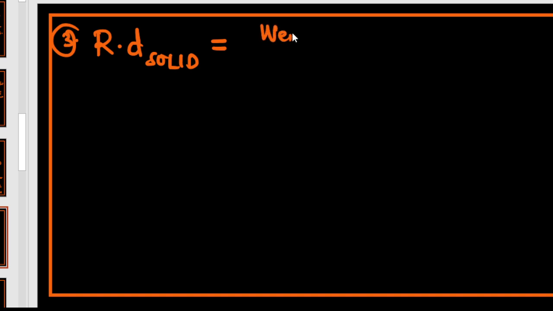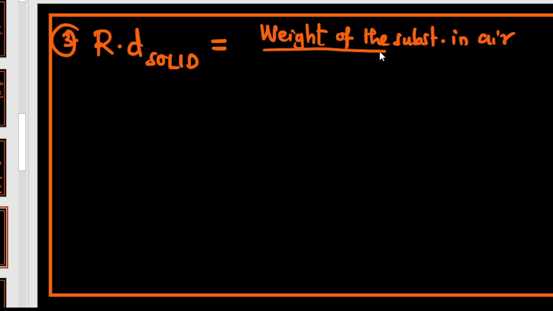Alright, number 3. We have other shortcut formulae for relative density. Relative density of a solid substance could be seen as weight of the substance in air over upthrust of the substance in water.